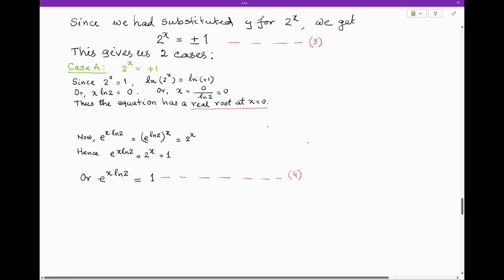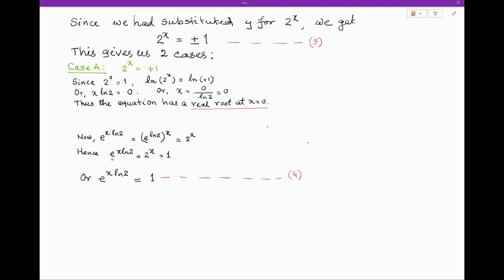Now, consider the term e to the power of x multiplied by natural log 2. That can be written as e to the power of natural log 2, whole raised to the power of x. And since e to the power of natural log 2 is 2 itself, we get this term equal to 2 to the power of x.